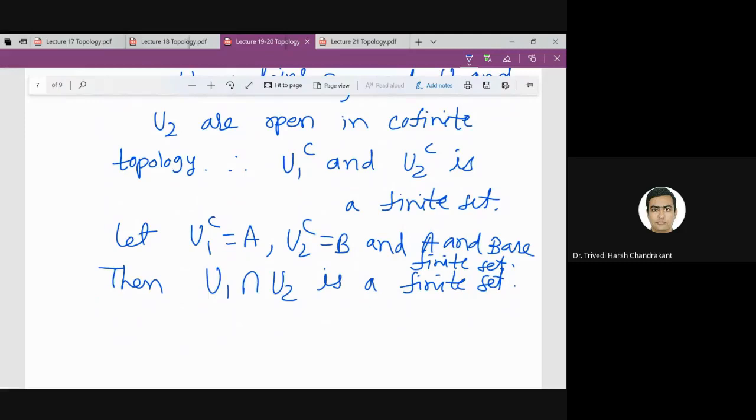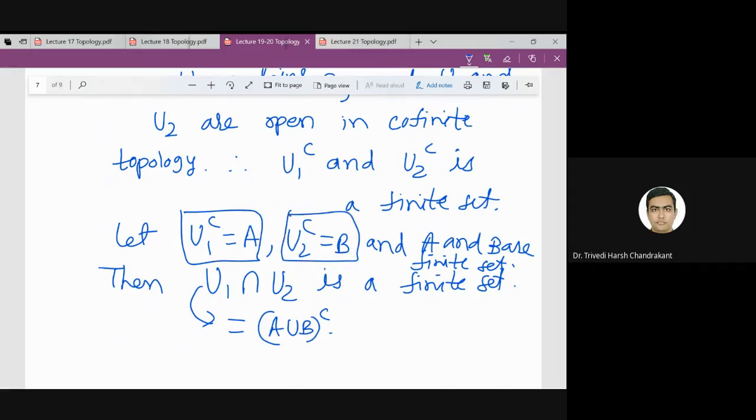So in this case, what will this intersection be? U1 is A complement, and U2 is B complement.